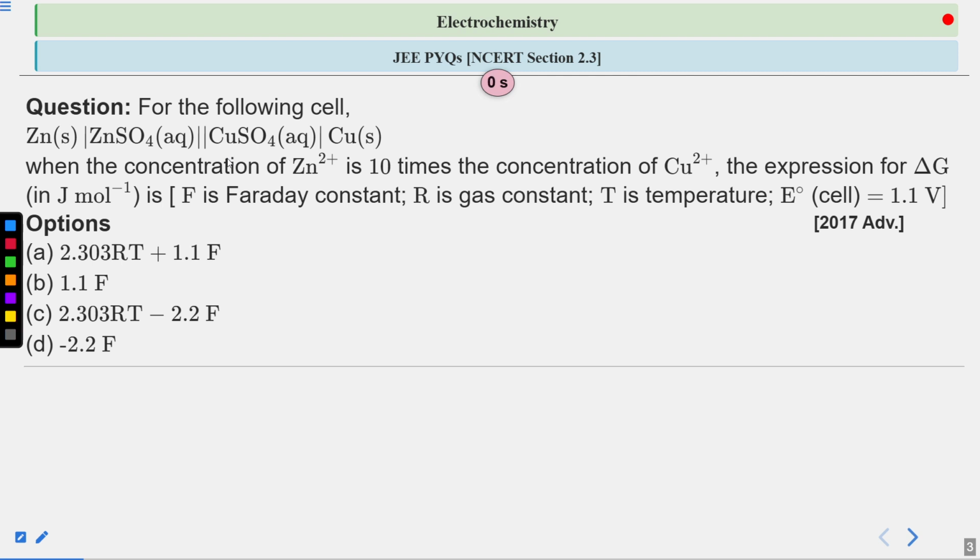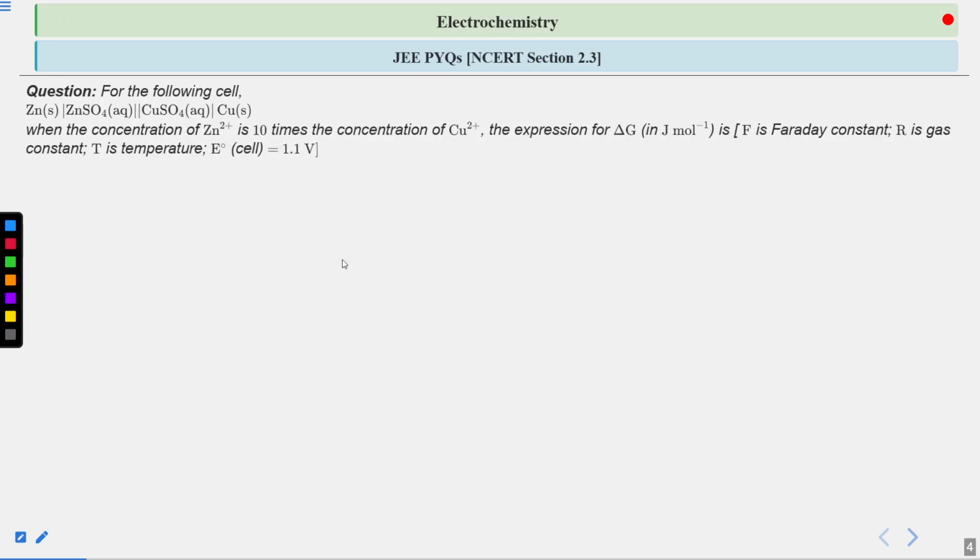Okay, let's see. So for this given question, the correct answer is option C, that is 2.303 RT minus 2.2 F. So let's see how.